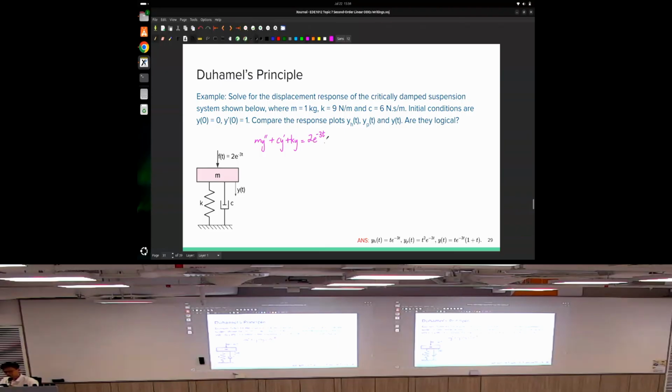Straight away put it in. So, sub in the values: y prime prime plus 6y prime plus 9y equals F of T divided by M, which is F of T divided by 1, so 2e to the minus 3t. Never mind, I just put F of T.